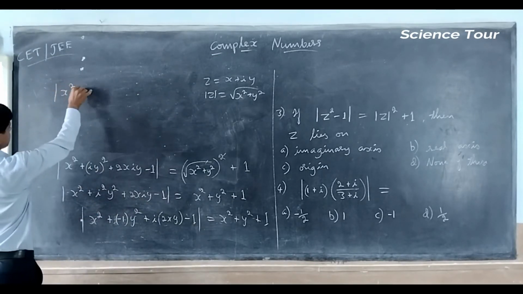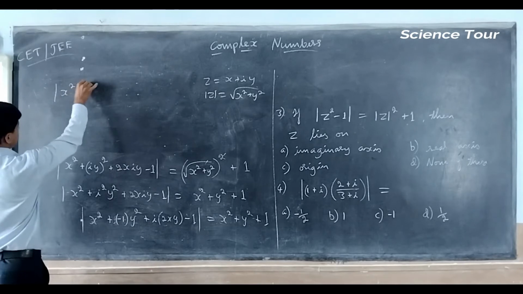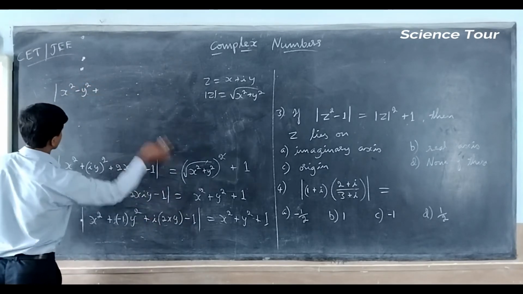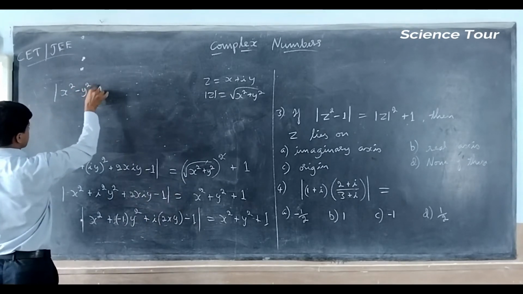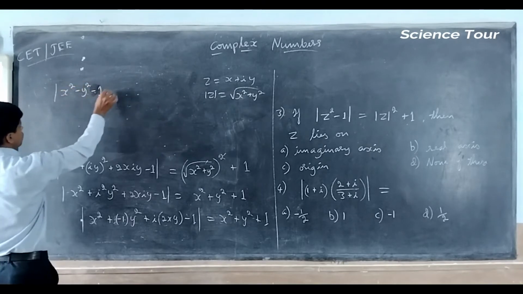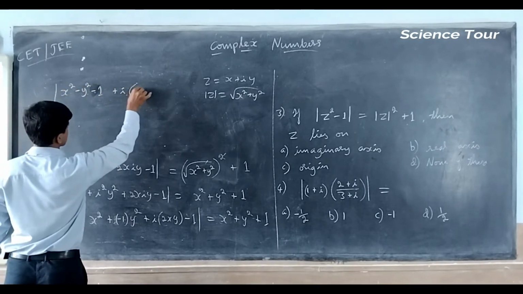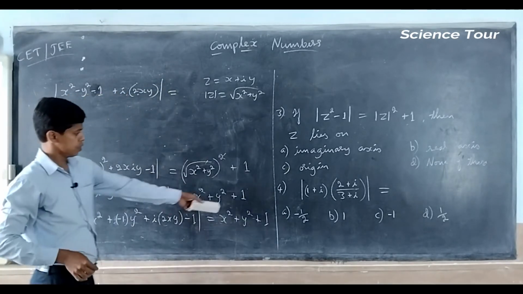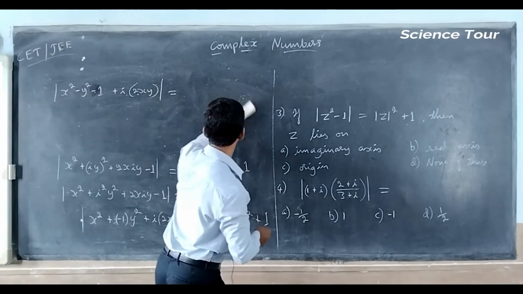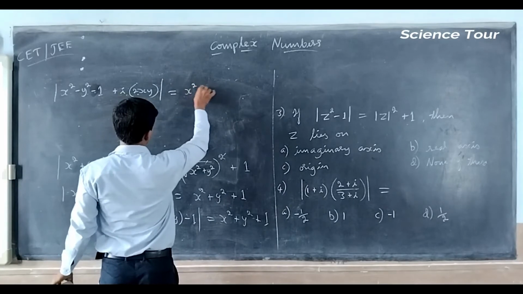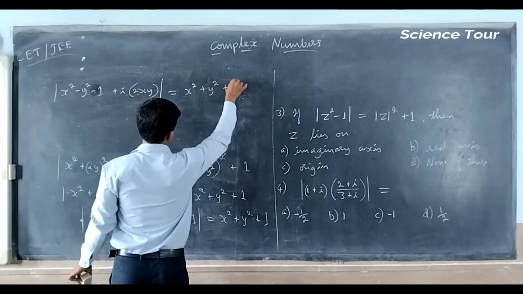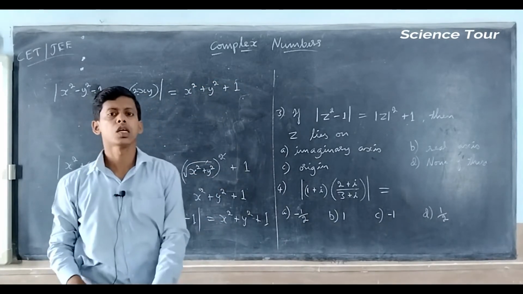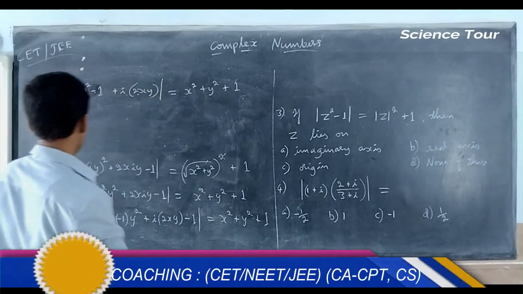So if you separate the real part and the imaginary part, you will get this, right? And that's equal to x square plus y square plus 1.